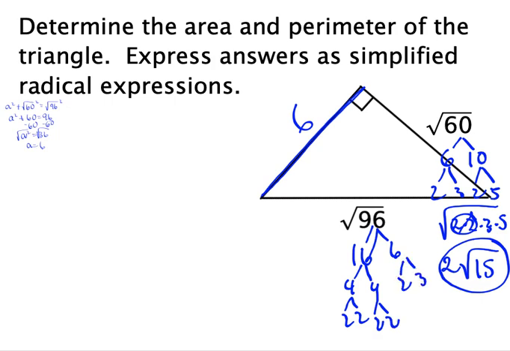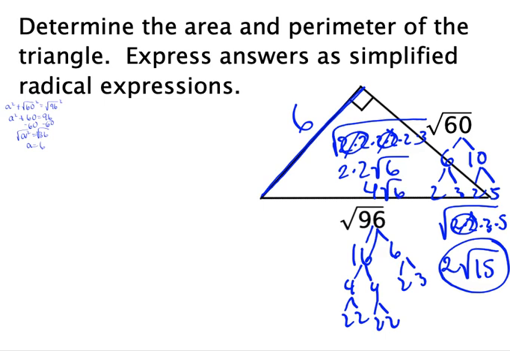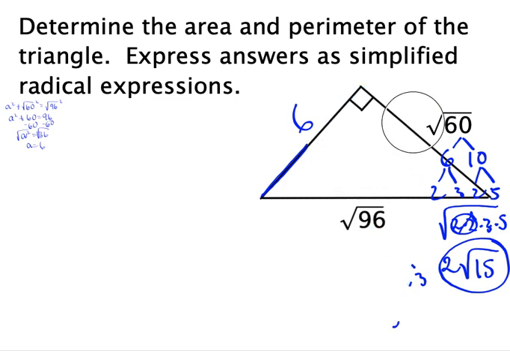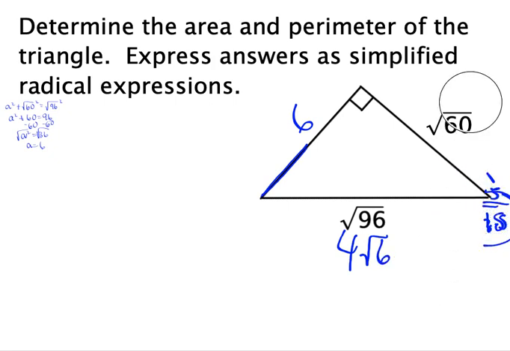So this is 5 2's and a 3, which gives us 2 times 2 times the square root of 6, 4 square roots of 6. Okay, I'm going to get rid of a bunch of this and say this is the same as 4 square roots of 6, and this one over here is 2 square roots of 15.